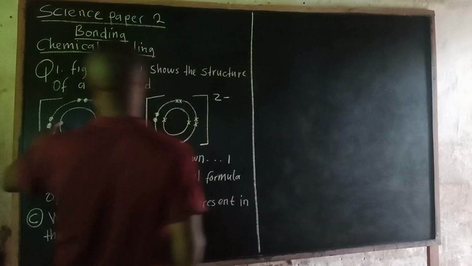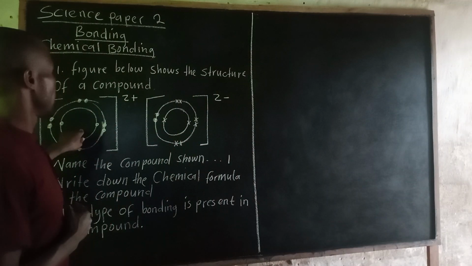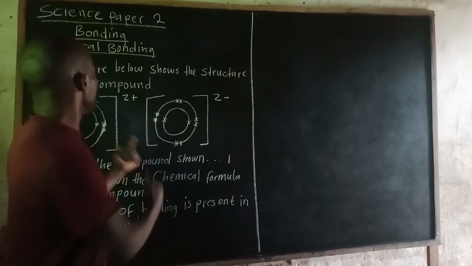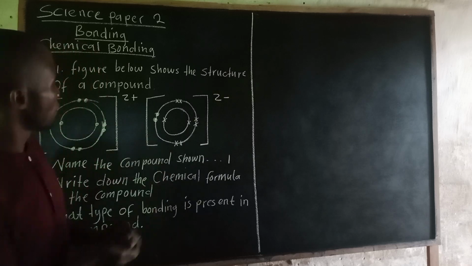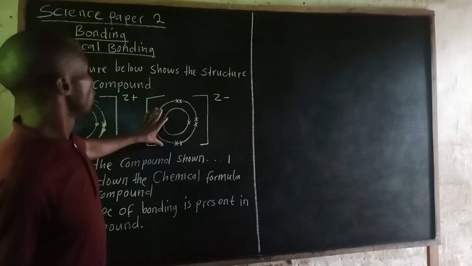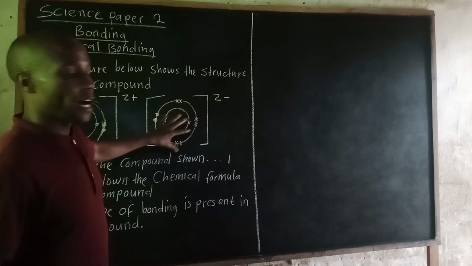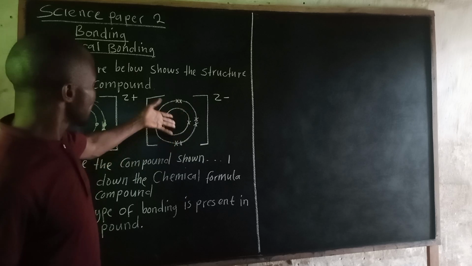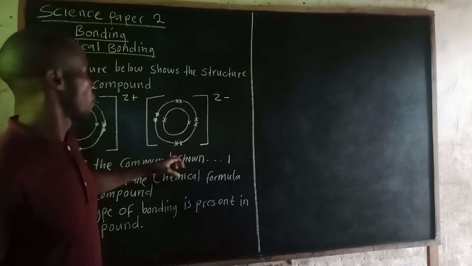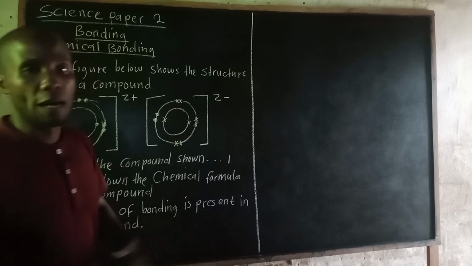So these electrons are coming from the other element. The reason why these electrons were transferred from here to here is that it was trying to be balanced. This element has to be stable also. This is what is happening here.